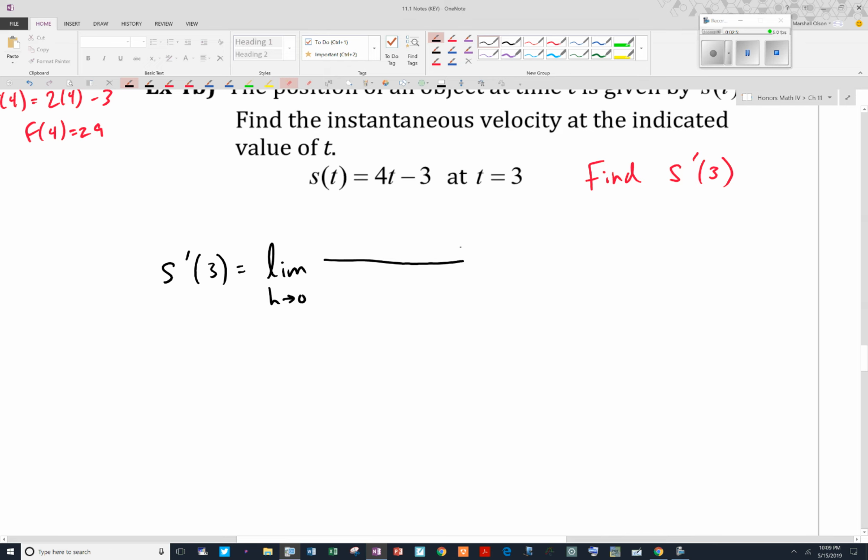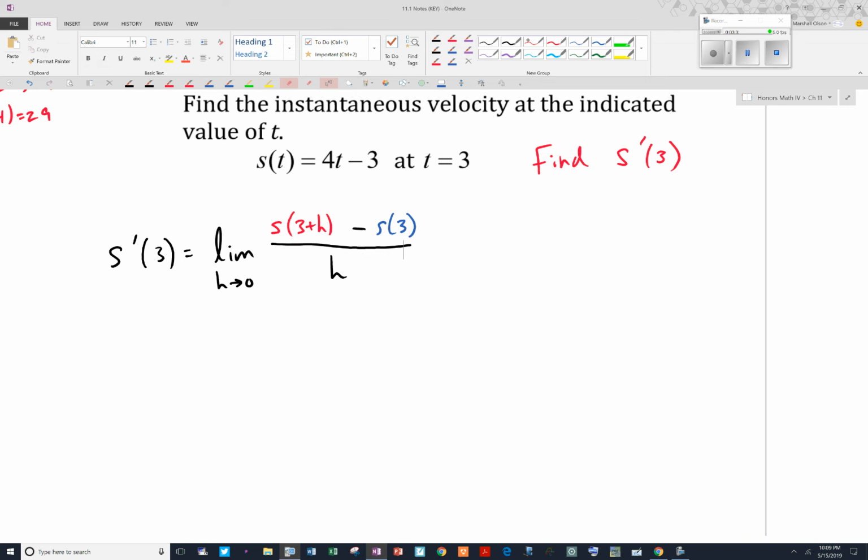Okay, so we want our change in our x values to be h, the denominator is h, and we're going to have f of, well, sorry, we want s of t, oh no, we're putting 3 in here. S of 3 plus h and s of 3 are going to be our two y values.